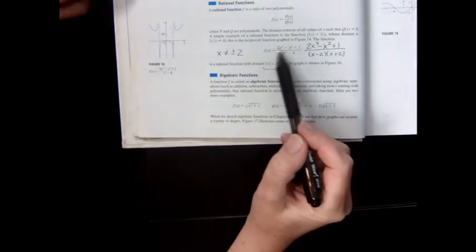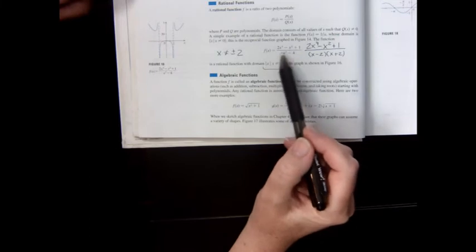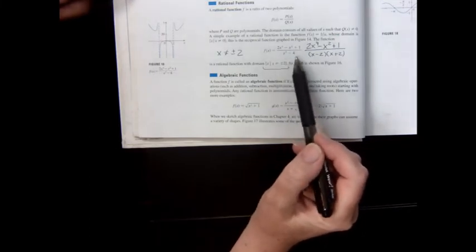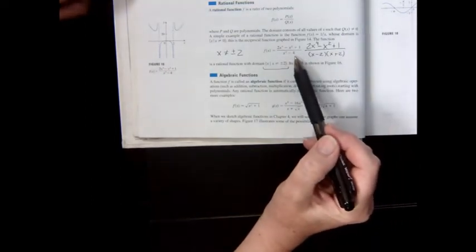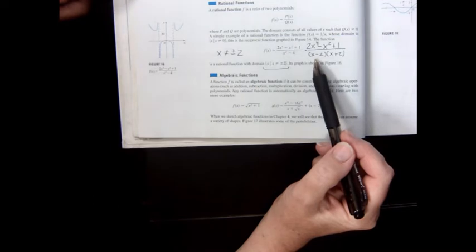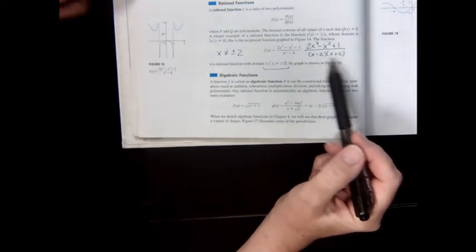If I look at them separately, their domains are from negative infinity to positive infinity because they're polynomials. But as soon as I put one of them on the bottom of the fraction, now I have to take a look at my domain, because I cannot have 0 on the bottom of a fraction. So I need to factor the bottom and take a look at where those are zeros.